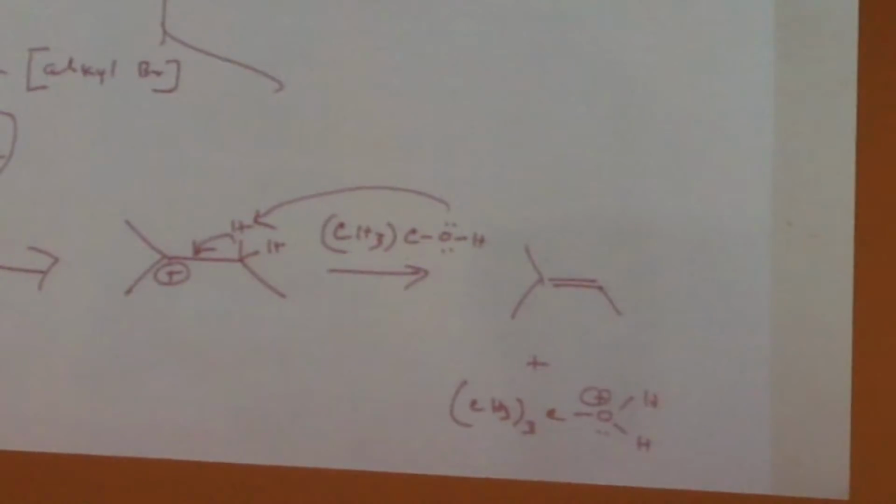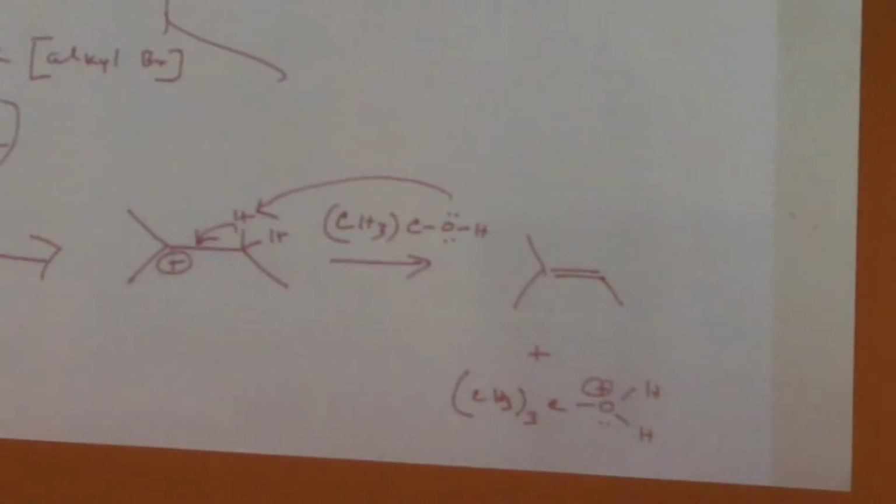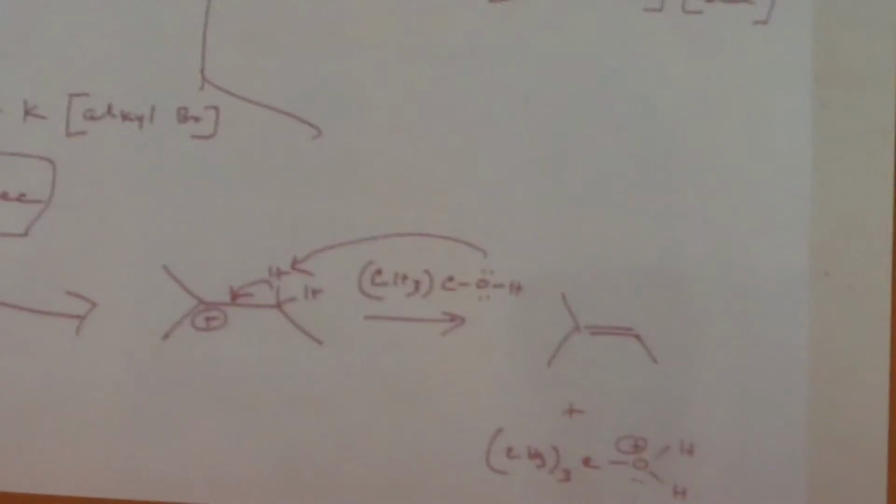Obviously the other product also forms in a similar way. And the alcohol therefore pulls out the other group. And that can happen only after formation of the carbocation. So this is the intermediate that is formed.